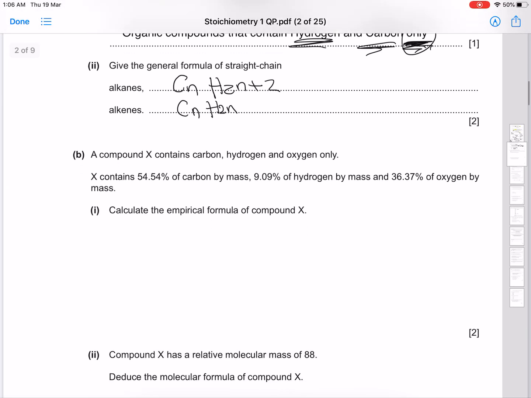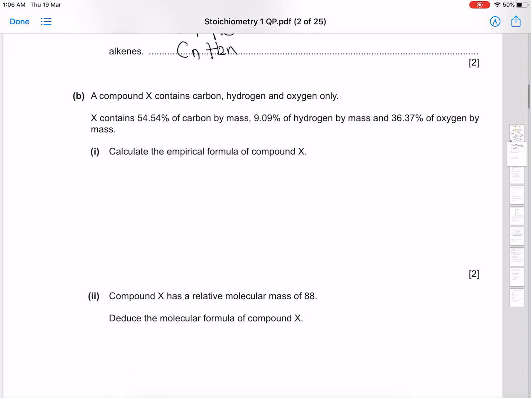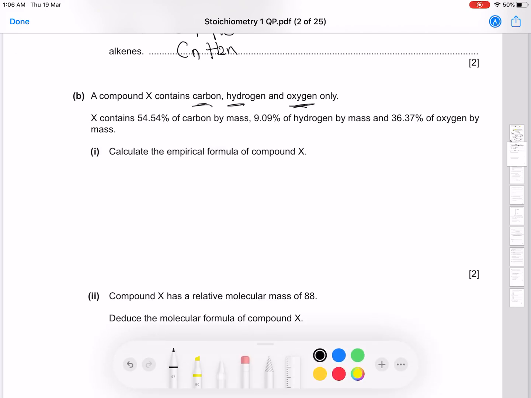This one, it's not only a hydrocarbon actually, because it does contain oxygen. So you have carbon, hydrogen, and oxygen, but it is an organic compound. It contains 54.54% carbon, 9.09% hydrogen, and 36.37% oxygen by mass. Find out the empirical formula.